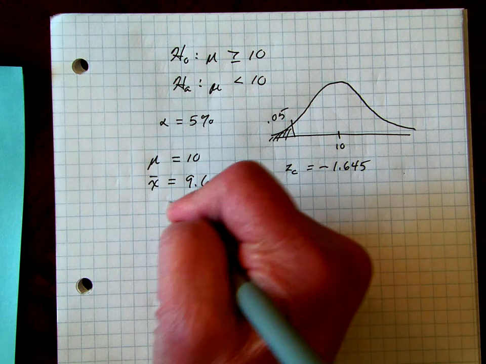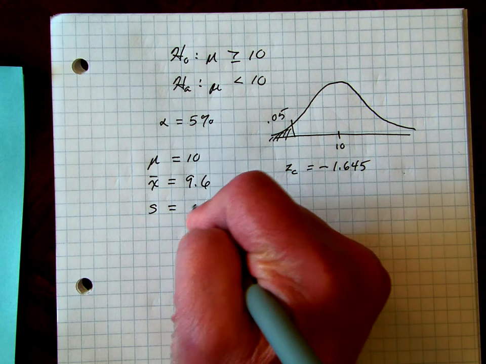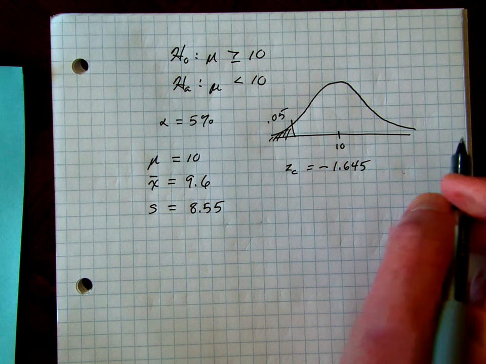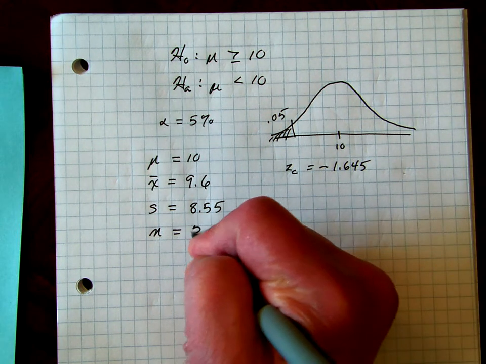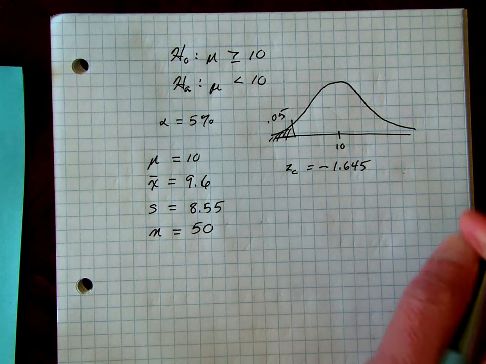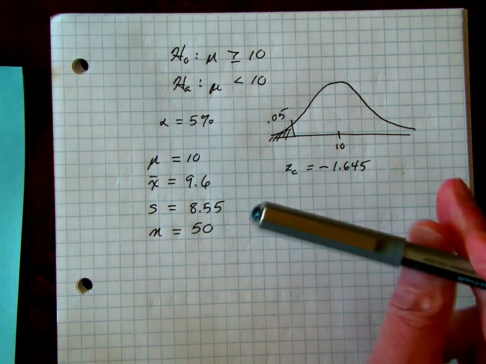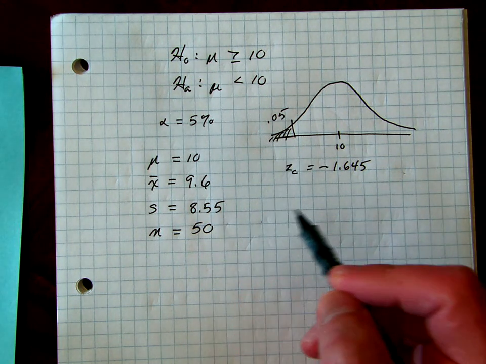Let's suppose we don't know the standard deviation, so we have the sample standard deviation of 8.55, just from our data. And we got it from a large enough sample, so we don't have to worry about using the t-distribution. If this had been 30 or below, we could use the t-distribution. But as long as we have a large enough sample, we can go ahead and use the z.